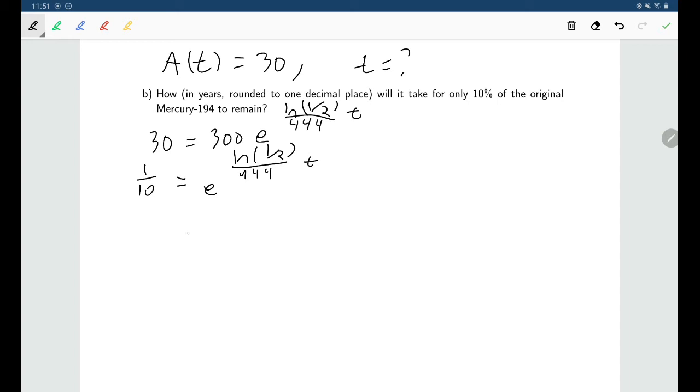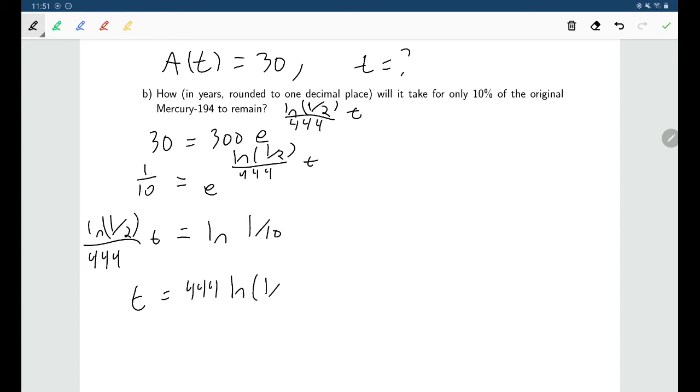And then I'll rewrite this as a natural log. So natural log of 1/10 is equal to natural log of a half over 444 times t, and then just solving for t, bringing up that 444 and dividing by that natural log of a half. And then I just need to run that through my calculator.